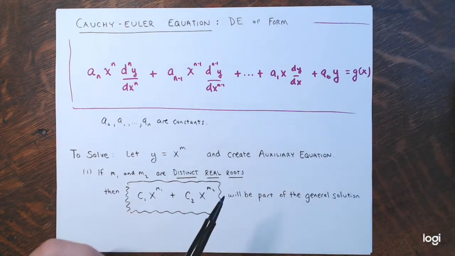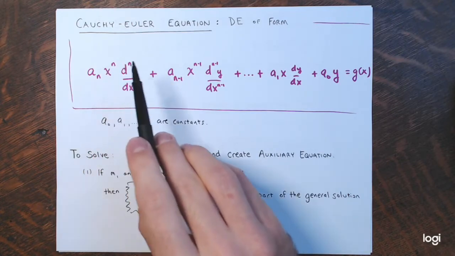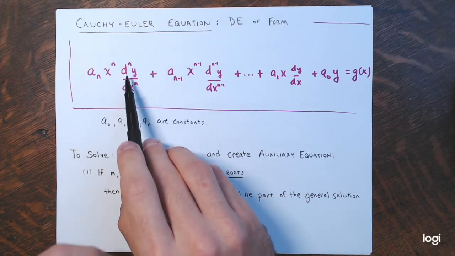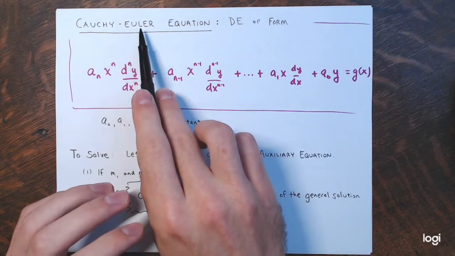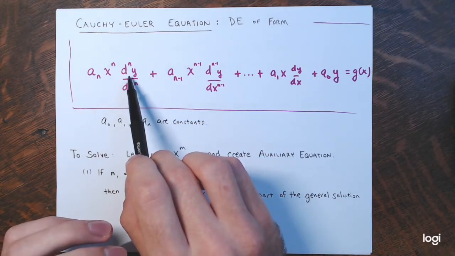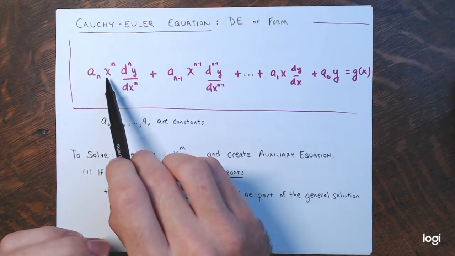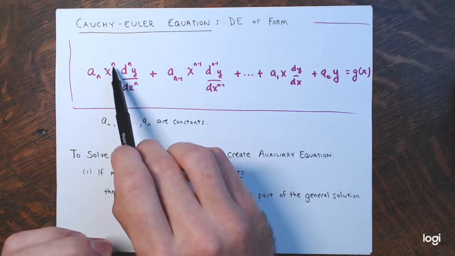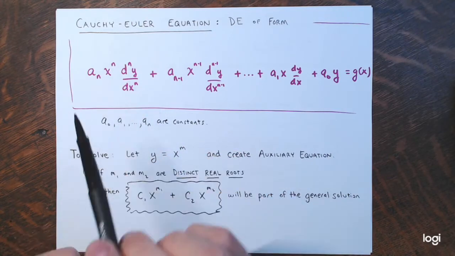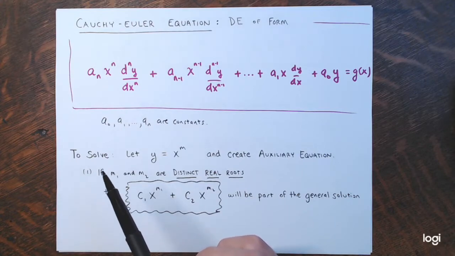But this time, as opposed to previous videos, all the coefficients are not constant. Right? The coefficients include a power of x. And it's specifically set up, right? These Cauchy-Euler equations are very specific in that the nth derivative of y is going to have the nth power of x. So the degree on x is the same as the order of the derivative that it's the coefficient for.